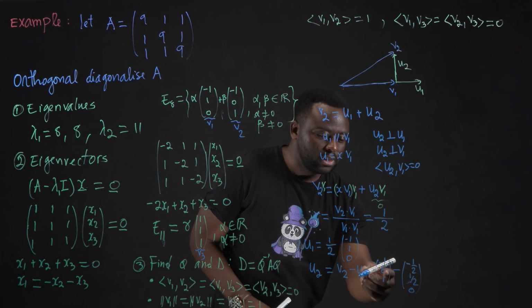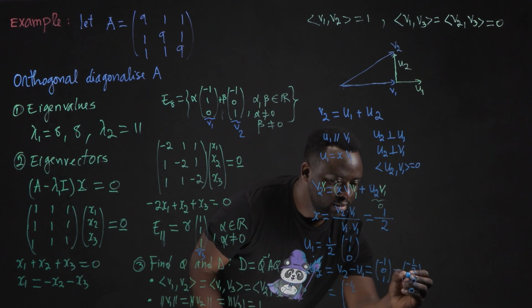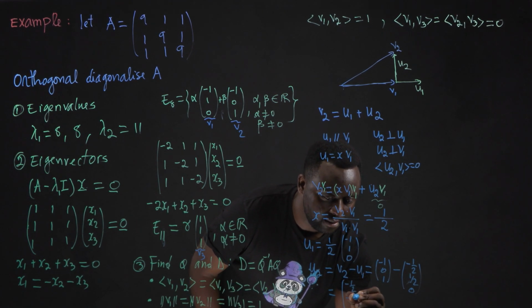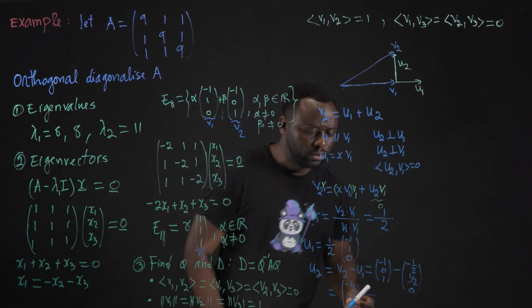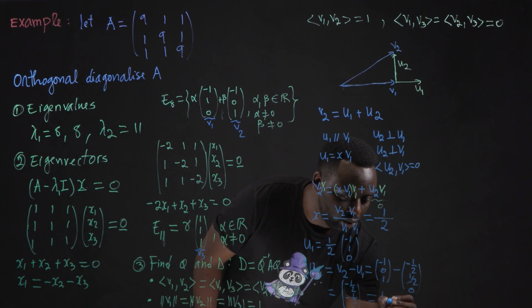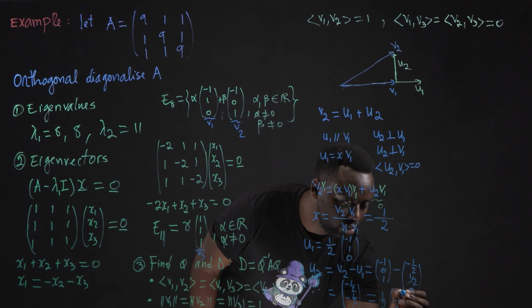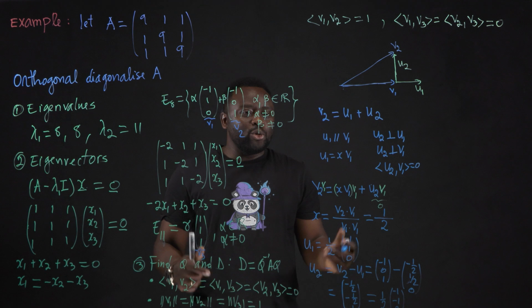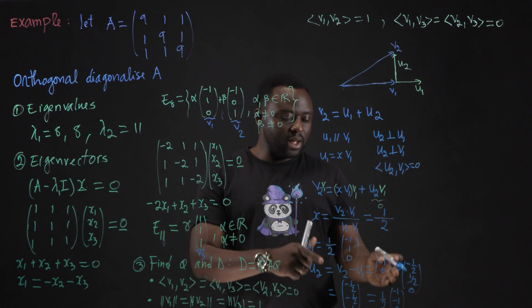If we subtract this, minus half, this minus this is minus half, and the last one is 1. So I don't want to deal with fractions. I choose to write 1 over 2 bracket minus 1, minus 1, 2. Okay, we have decomposed the vector V2 into U1 and U2.